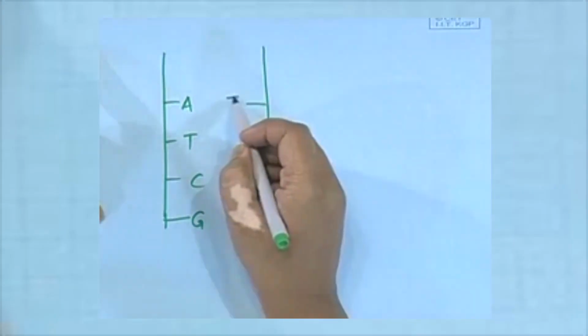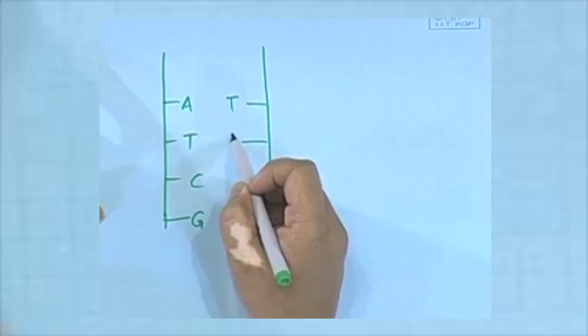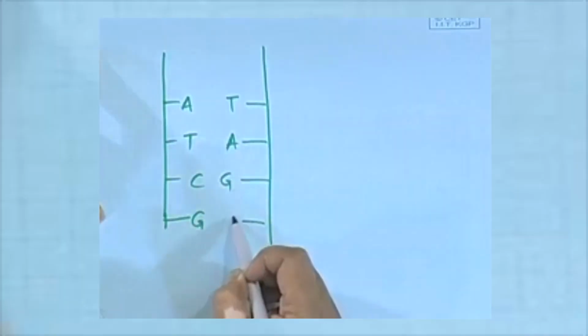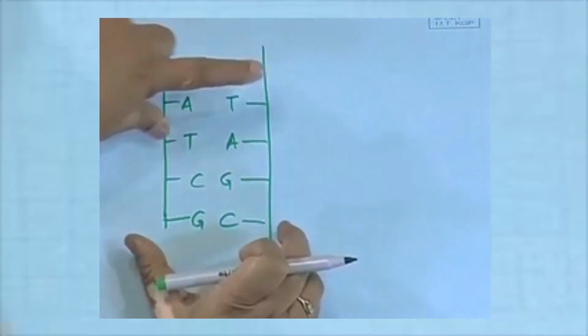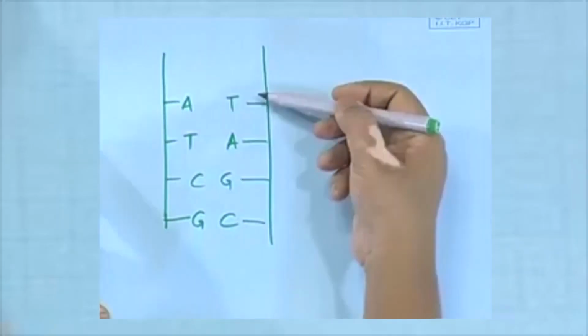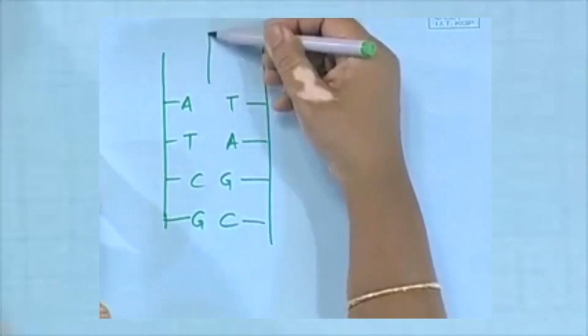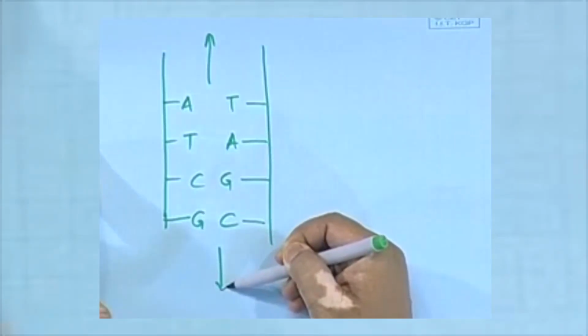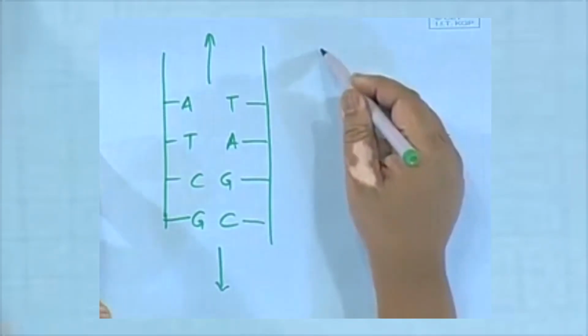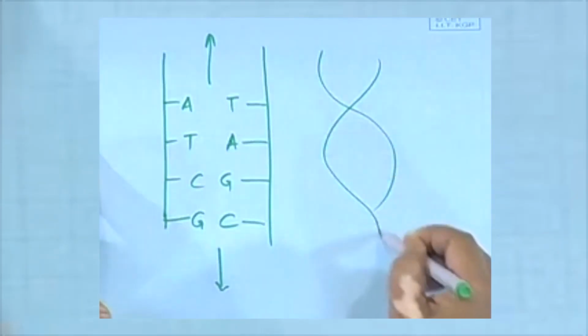So, we have T, A, G, C. This part forms a double helix and then it zips up in both directions, right. So, then it is going to form something like that once it zips up.